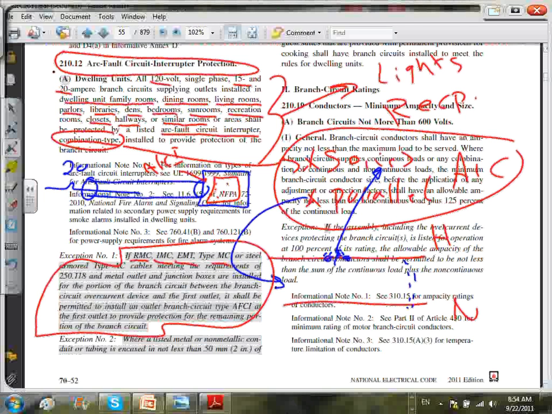If I use an MC cable or AC cable or EMT conduit from here all the way to here, then I have two options: either the arc fault circuit interrupter circuit breaker there, or a device that does not exist yet, called an arc fault circuit interrupter receptacle. Any questions, guys, about this?